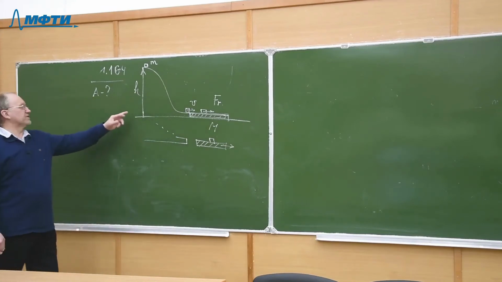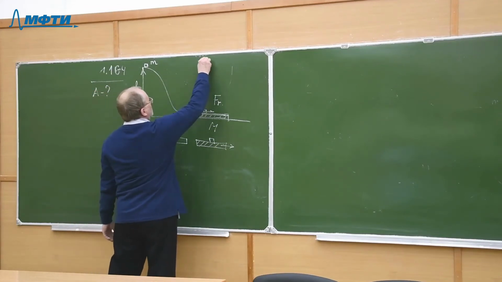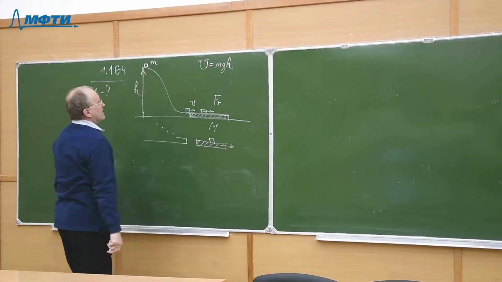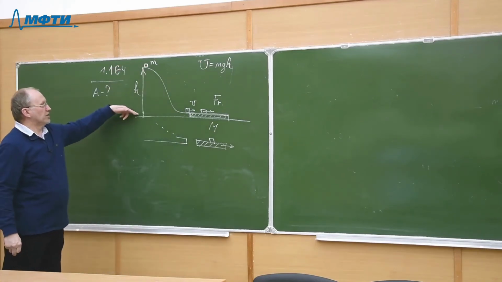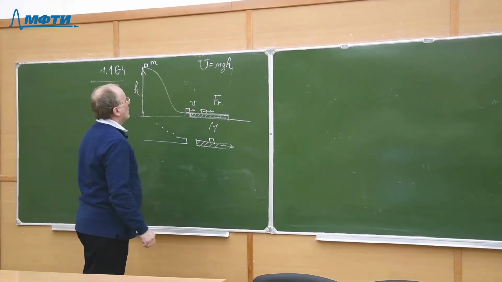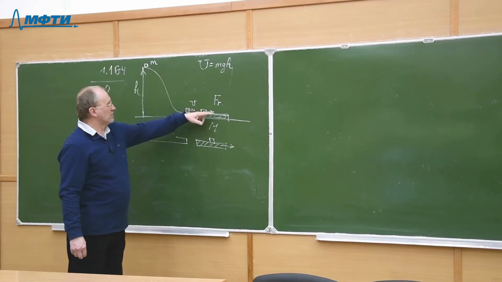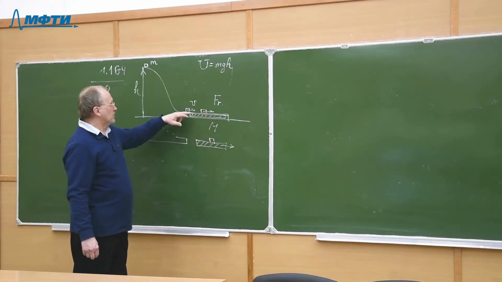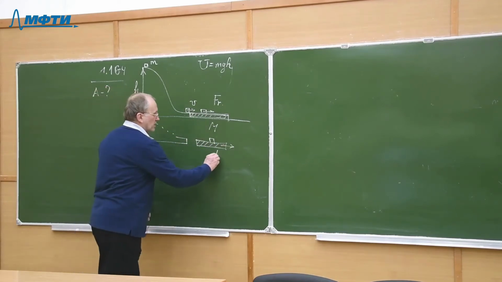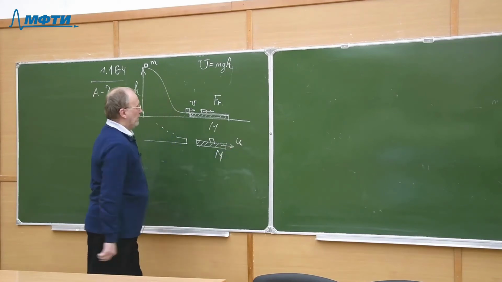What we need is the initial potential energy, and we know very well the initial potential energy is mgh for a body of mass m at the height h. And this initial potential energy will somehow be spent on increasing the energy of the plank, because it will move and it has some mass, and it will have some velocity u.